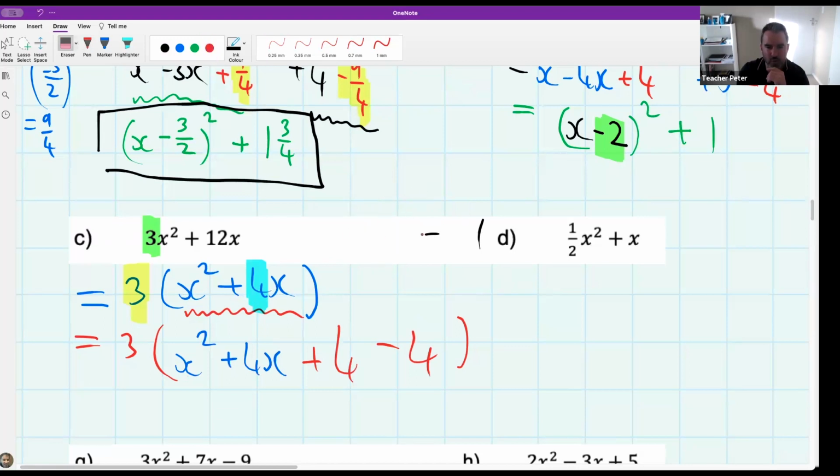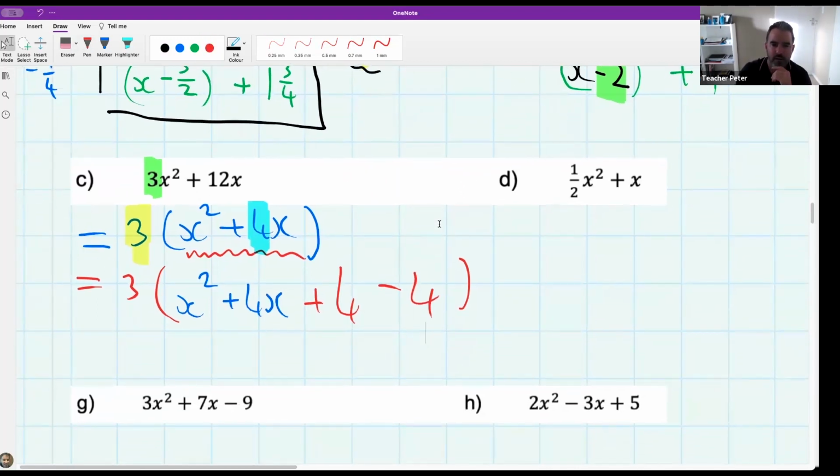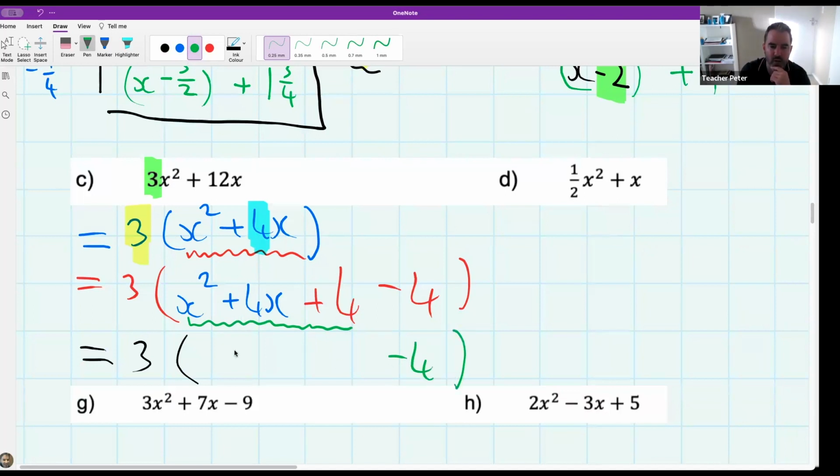Plus 4 minus 4? But inside this is going to be broken up into two parts. This part is going to be a perfect square trinomial, and that part is going to be a minus 4. I want to know what goes in the perfect square trinomial part.